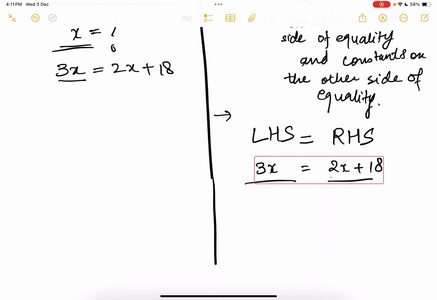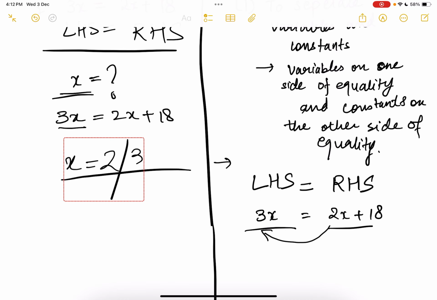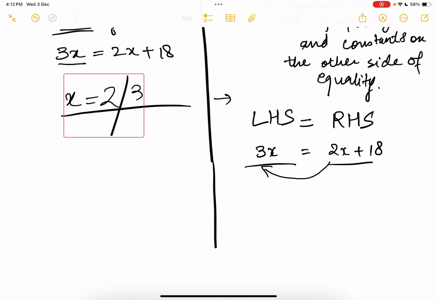So I think it is better that we bring 2x here, because finally we want x equal to, so x should be on one side. Here will be some number, suppose it can be 2, it can be 3, or even 2 by 3, anything can be there. So that is what you have to do.